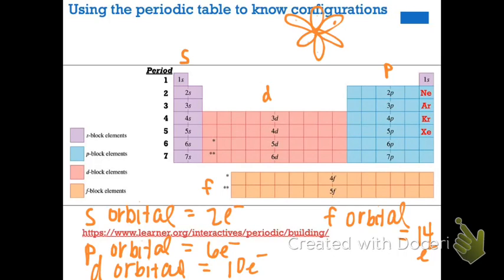Okay. The s orbitals can hold a total of 2. The p orbitals can have a total of 6 because there are 3 versions of the p orbitals. There are 5 versions of the d orbitals. Each of them can hold 2, so they can hold 10. And there are 7 versions of the f orbitals. They can hold a total of 14.